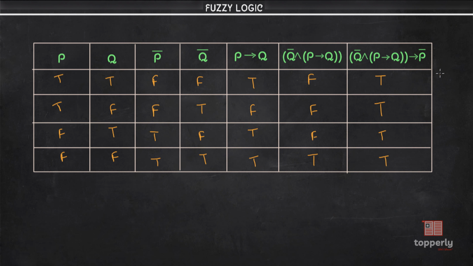Therefore, we can see that the tautology has all true values. Therefore, we can say that the tautology is proved. So this is how tautology works, as in we have to get a true value for the compound proposition at the end. Now let's take another example to prove a tautology.